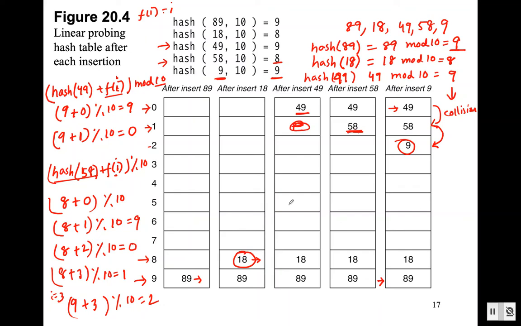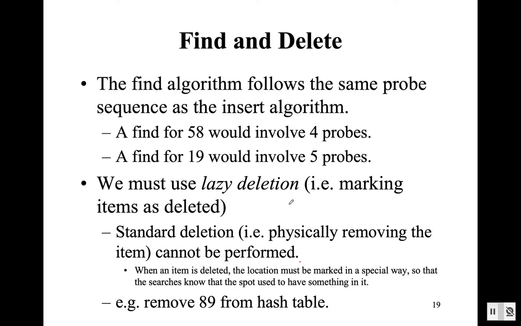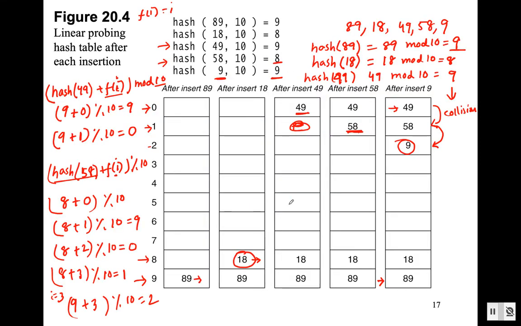Hello everyone. Welcome back. We're talking about collision resolution using open addressing, and we saw the example with linear probing. Now let's see how we are going to find an item using linear probing. Let's say we are looking for item 9.